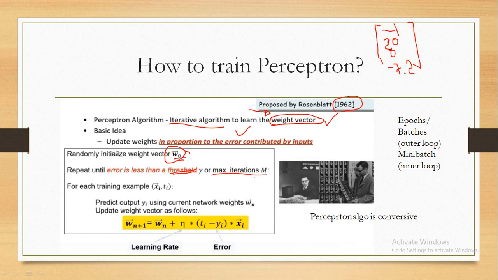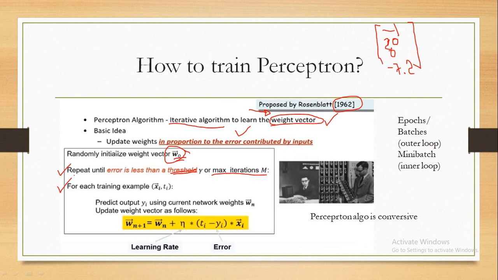So guys, in this algorithm we have two loops, the outer loop and the inner loop, because it's an iterative algorithm. Now the first question is: how many times will the outer loop execute? Either you take a fixed value, max iteration is 10, so we execute 10 times, or otherwise you continue until the error is less than a threshold.